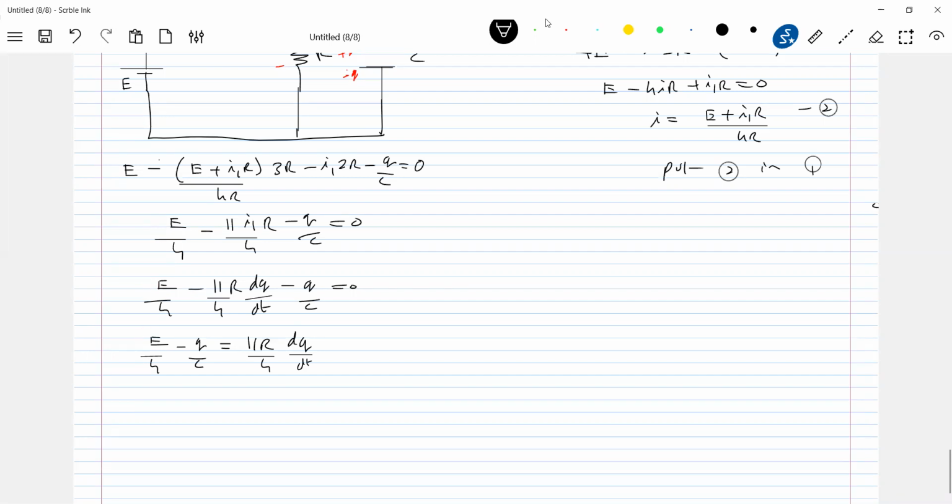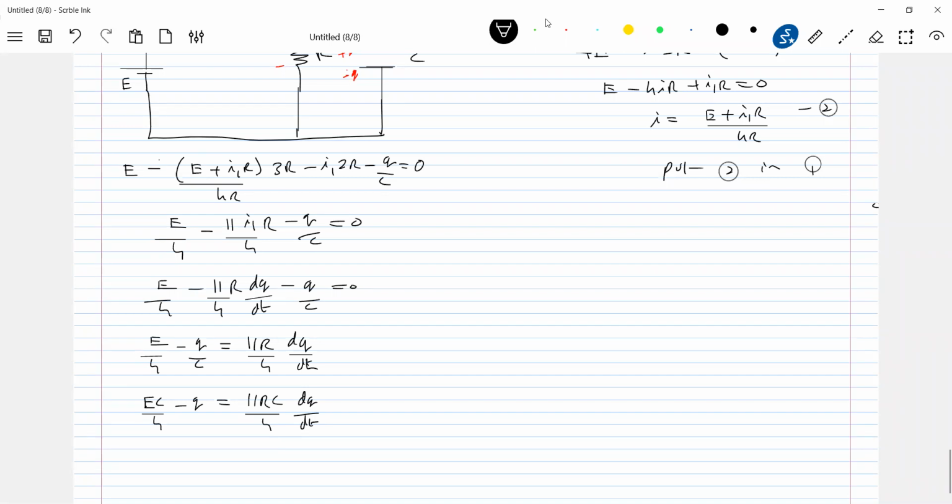So C only you send it. So EC by 4 minus Q is equal to 11RC by 4 dq by dt. Make the coefficient of Q 1. Why am I arranging things like this? To generate the time constant here.